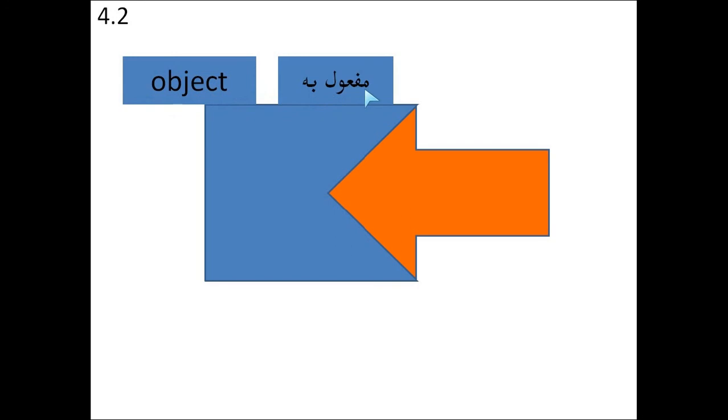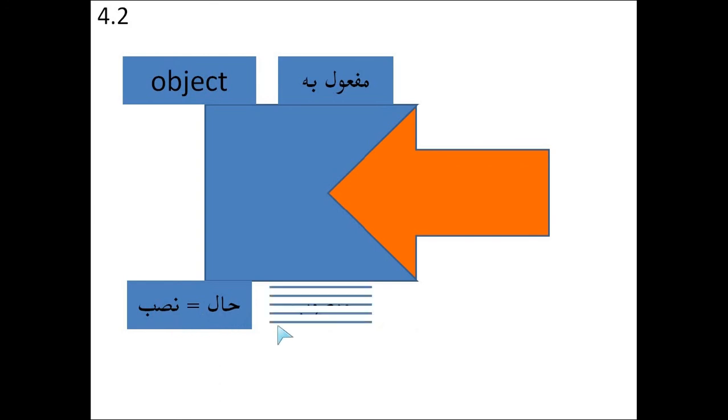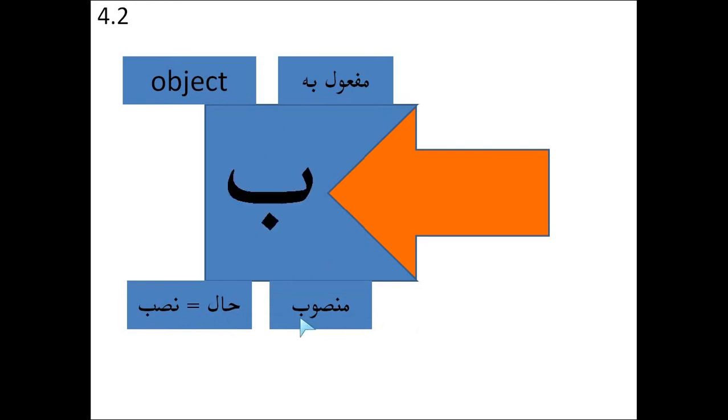Maf'ulun bihi literally means that which is acted upon. Its hal is always nasb, and a noun which is in the hal of nasb is called mansub. And guess what letter we're going to use to abbreviate this? It'll be the last letter, ba.